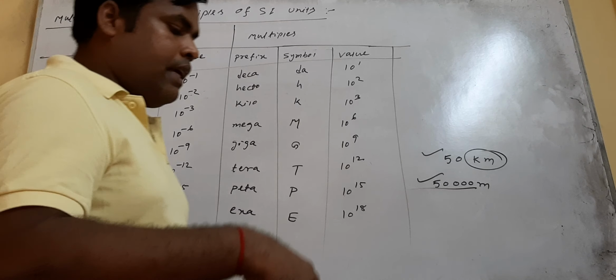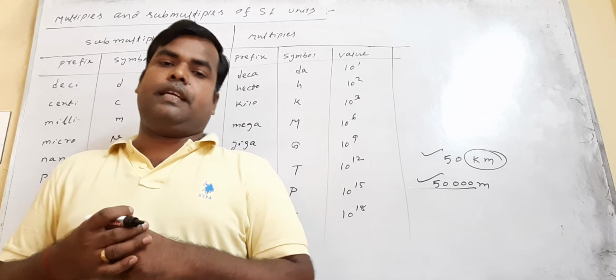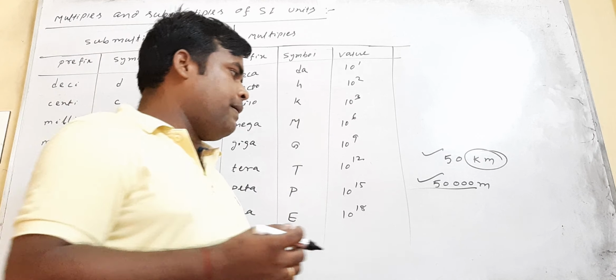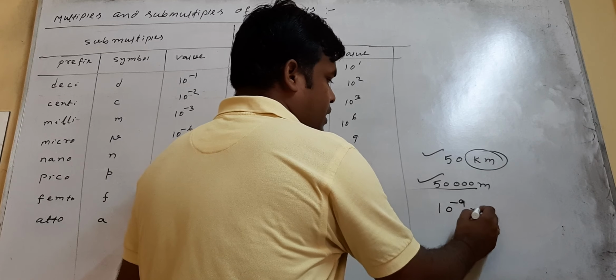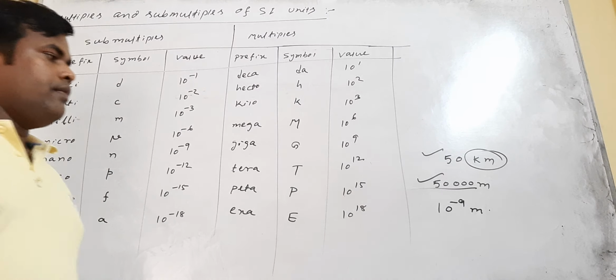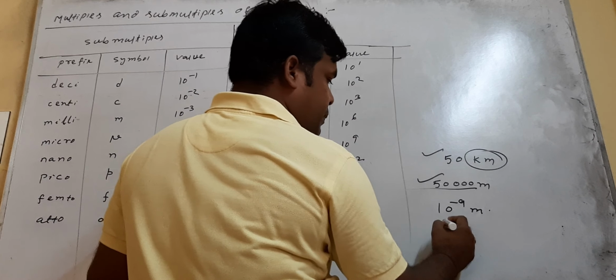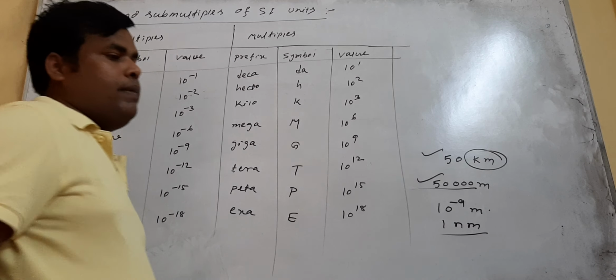Similarly, if you find the size of the particle, let it be 10 to the power minus 9 meter. If you want to express it in nanometer, then it is 1 nanometer.